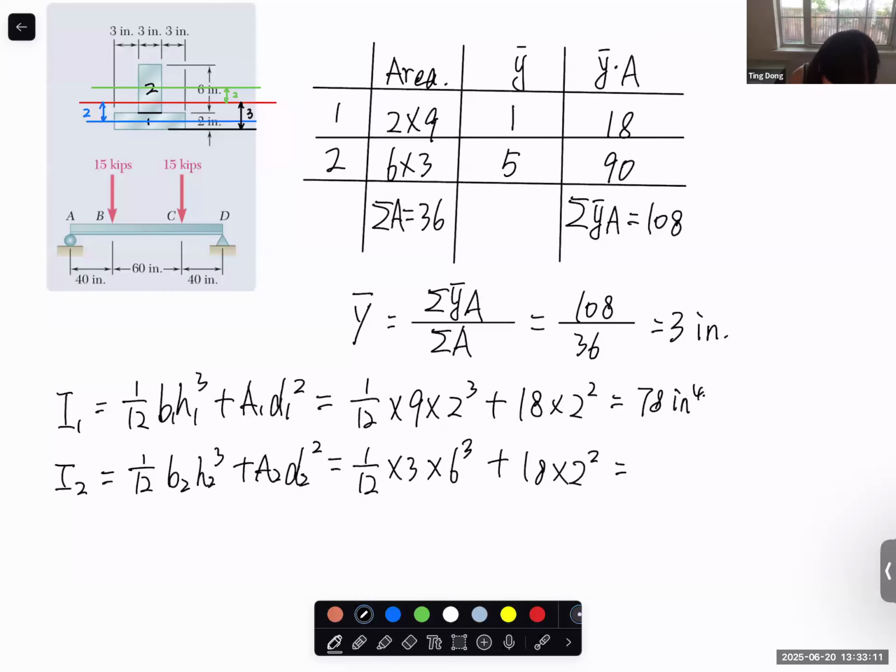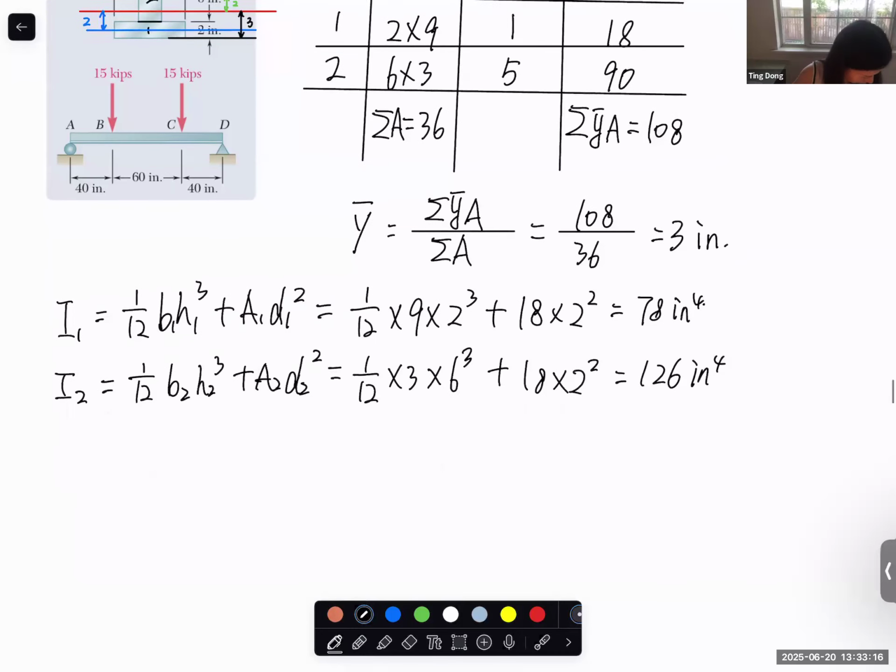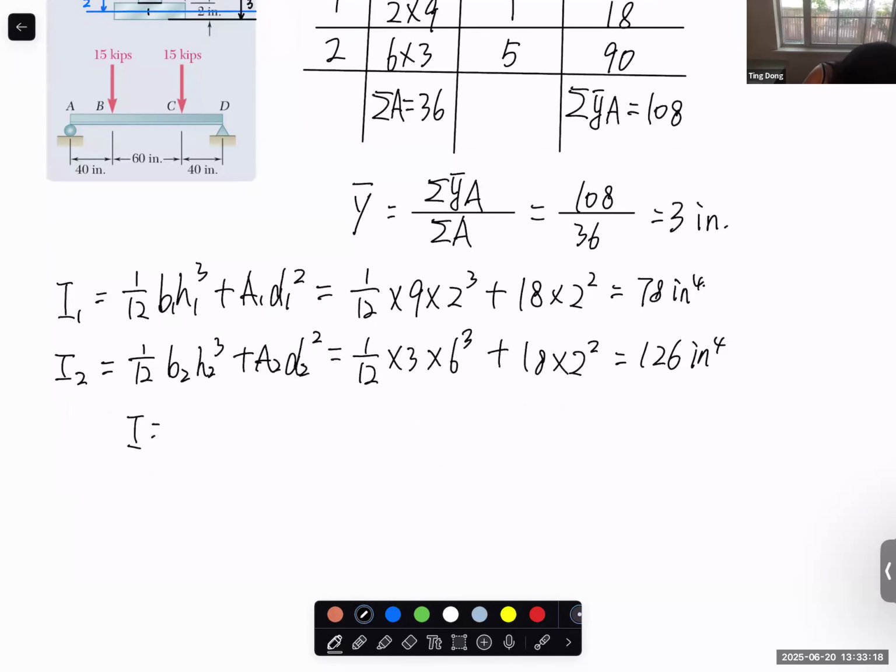Two squared. 126 inch to the fourth. So the moment of inertia of the entire cross section, of course, is I1 plus I2.